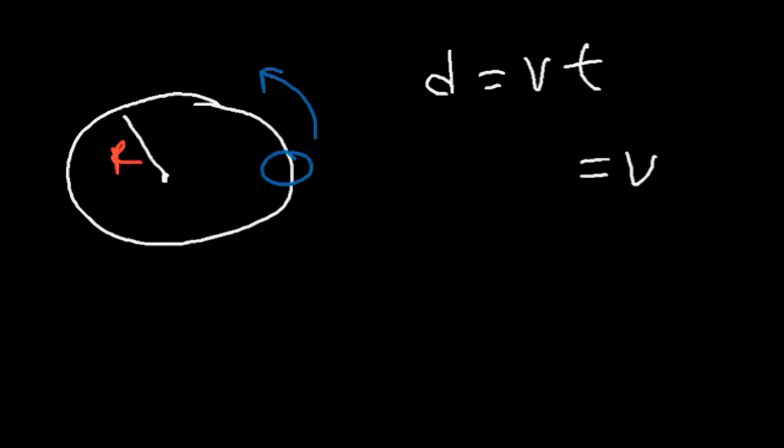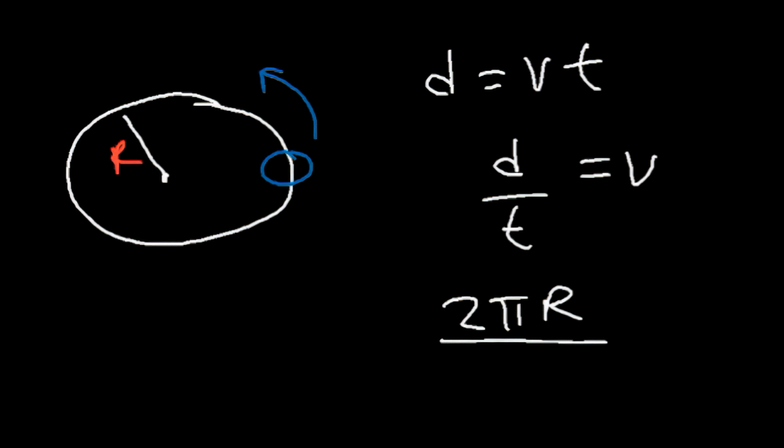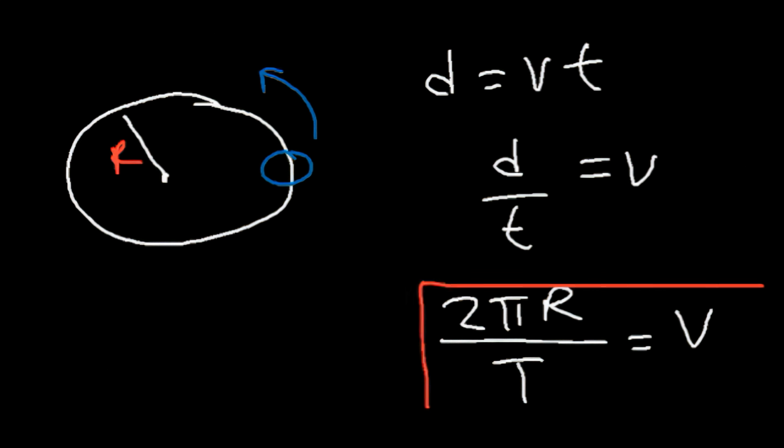So the speed is distance divided by time, if you divide both sides by t. Now the distance around a circle is the circumference, and the time that it takes to make 1 revolution around a circle is the period. So the speed of the object is equal to 2 pi r divided by t. So that's one equation that you want to know.